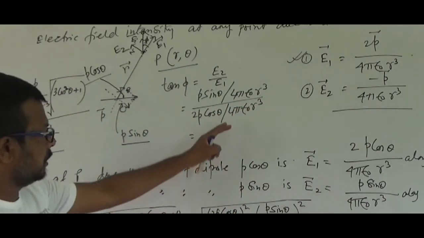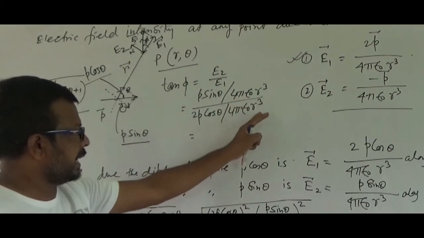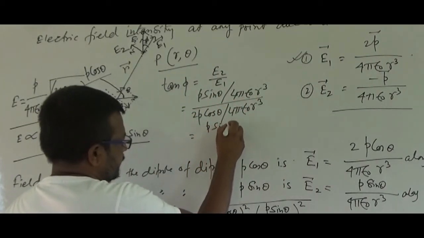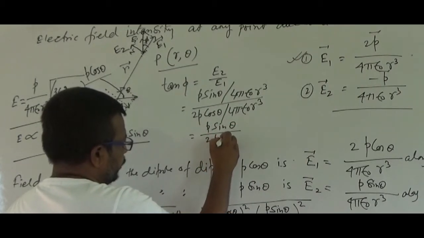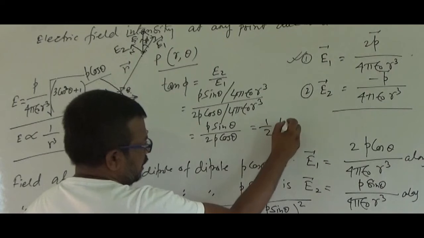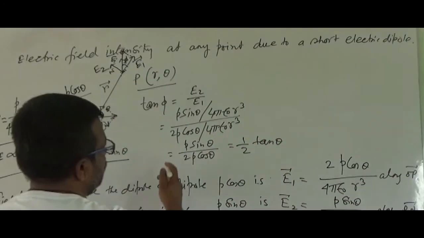Or you can write, these two cancel out and p also, p sin theta divided by 2p cos theta. p cancels out, that means you can write half tan theta.